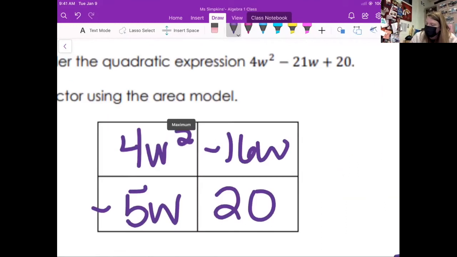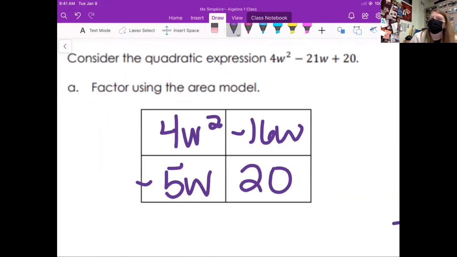So let's look at the top row. What's the greatest common factor of 4w squared and negative 16w? 4w. So if we work from there, 4w times what gives me 4w squared? W. 4w times what gives me negative 16w?